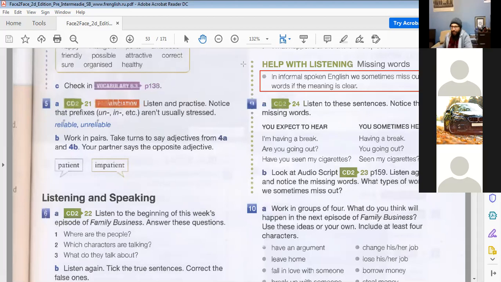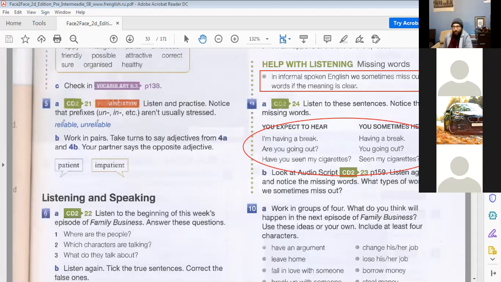What was the change? The change that happened here. What was it? What do you think? In these sentences, what's the difference? What's the change? Remove subject, verb to be, or the pronoun.